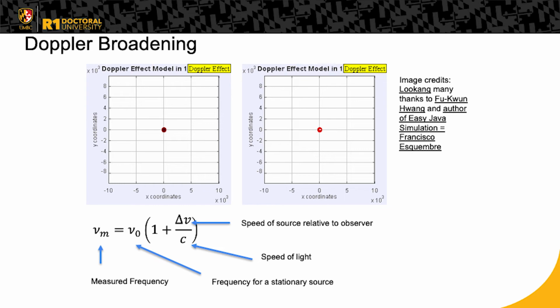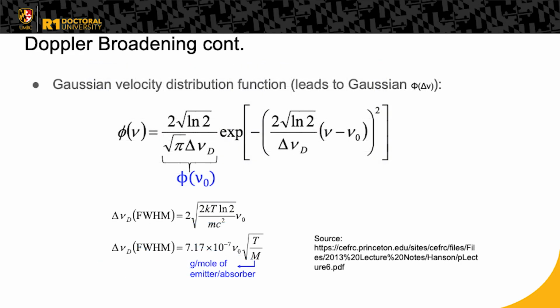In the back, the wavefronts are separating further, so the frequency is lower. So you see different frequencies depending on the direction. And the velocities of the molecules have a distribution. They go this way, that way, up and down, with different magnitudes. You can imagine the broadening due to that motion is also Gaussian type.